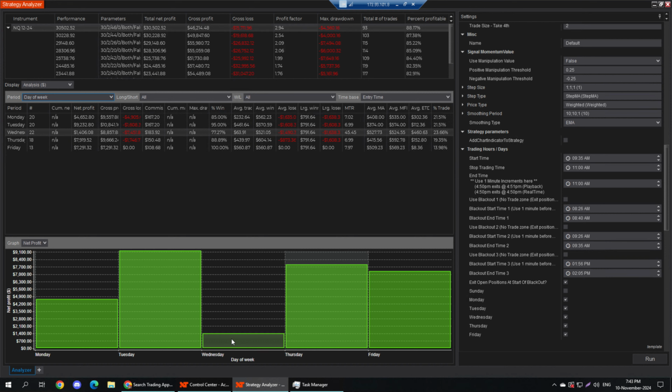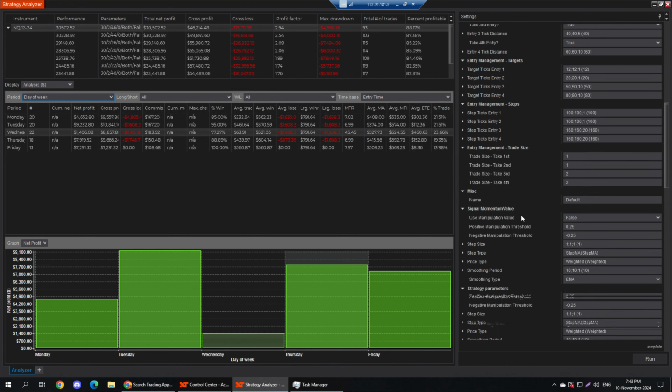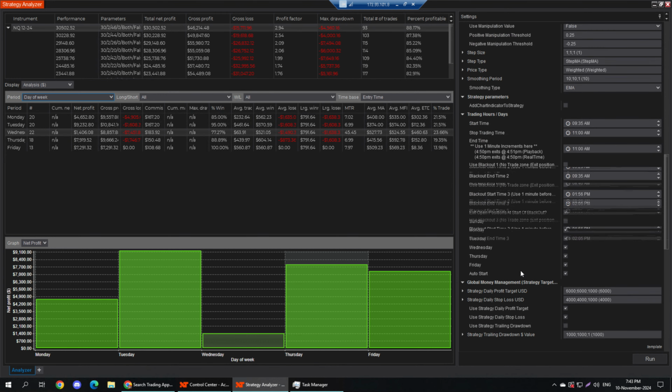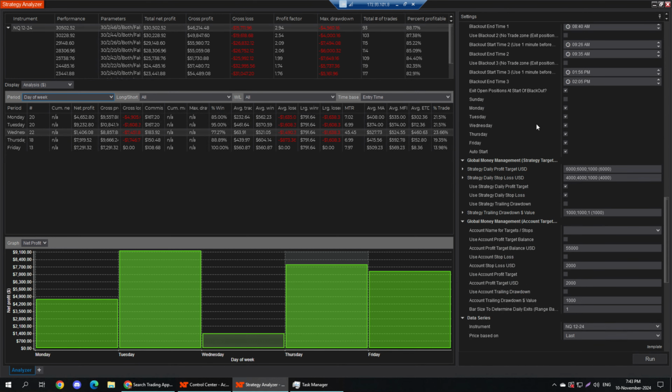So you can say, I don't want to trade on a Wednesday, run the optimization and disable Wednesday, so it'll only give you results for Monday, Tuesday, Thursday, Friday. That's another way of making the strategy more tailored to your specific requirements and what has worked and what hasn't worked.